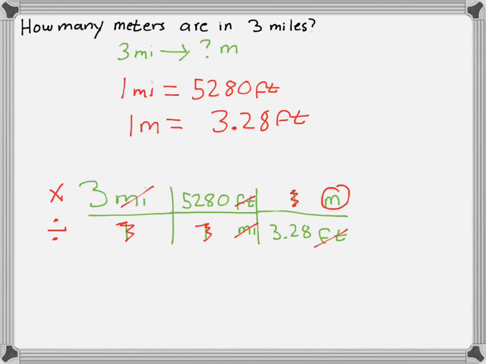So we have 3, no unit, we canceled it out, times 5,280, divided by, because it's down here, 3.28, and we come up with the value of 4,829.26829, and a bunch of other numbers. So I'm just going to round to the second decimal point, and we're going to say 4,829.27. And what unit is that?